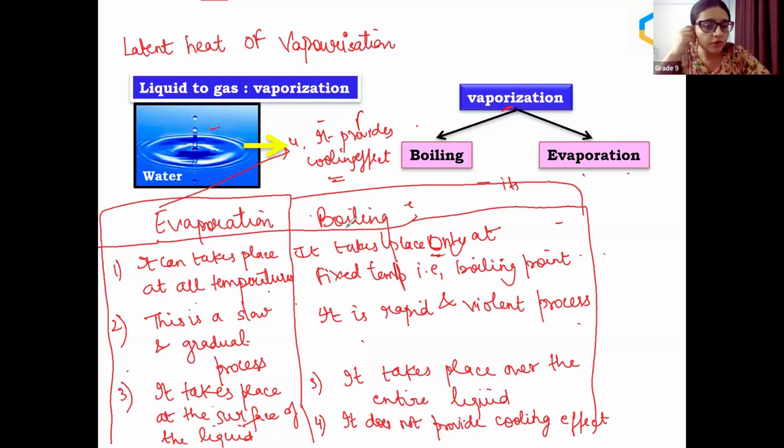First, you will finish this one and let me know in the chat box. Very important question. And the evaporation definition also you can write down here.